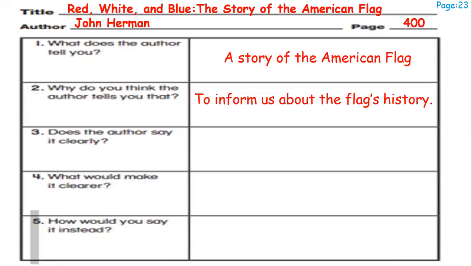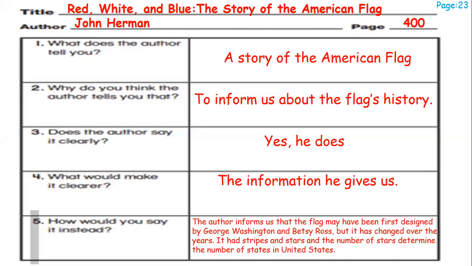Now, does the author say it clearly? Yes, he does. What would make it clearer? Yes, excellent. The information he gives us. So the information he gives us makes the story clearer, right? Now, how would you say it instead?